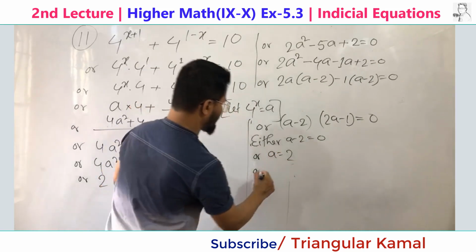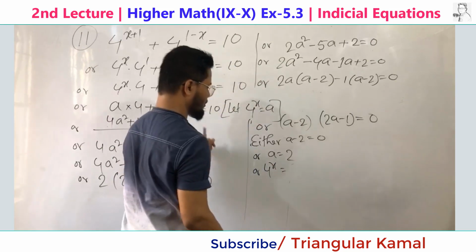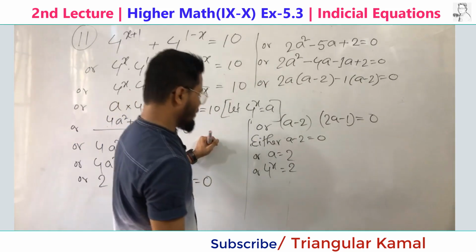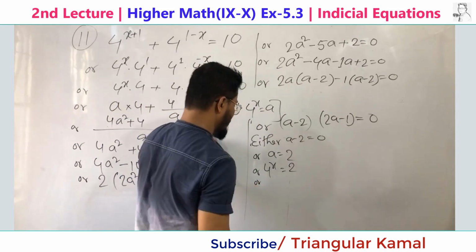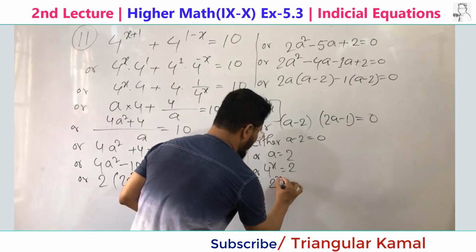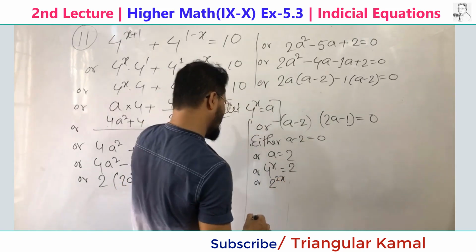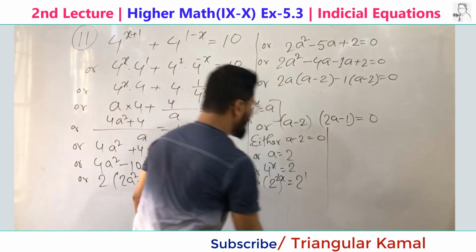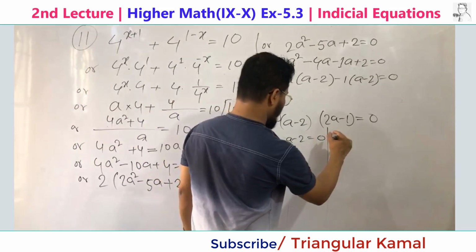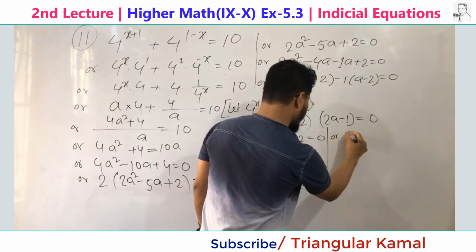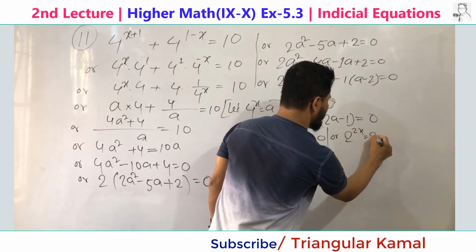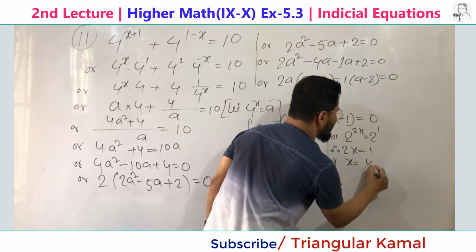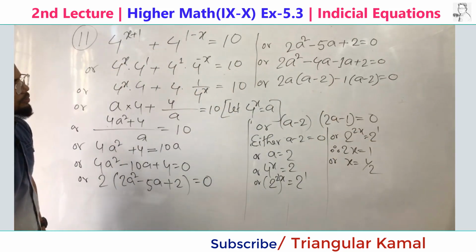The value of a is 4 to the power x, so 4 to the power x equals 2, or 2 to the power 2x equals 2 to the power 1, or 2x equals 1, or x equals 1 by 2. This is our first answer from the first factor.